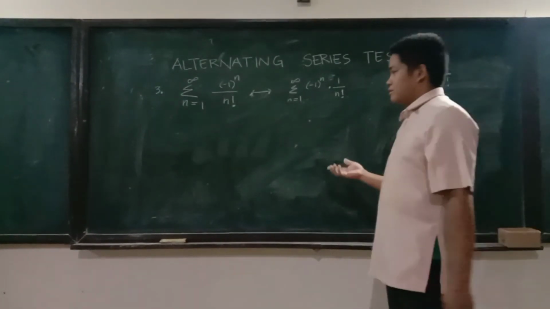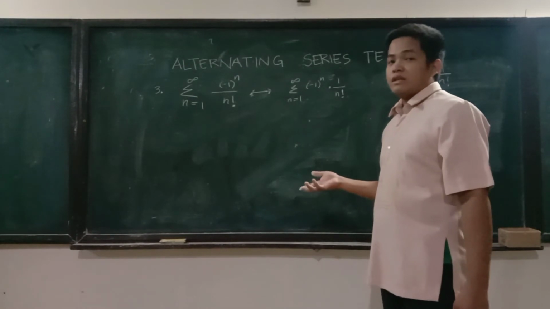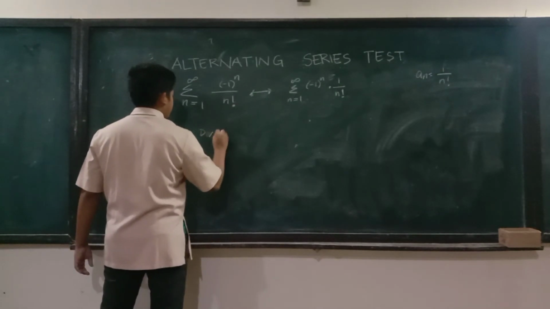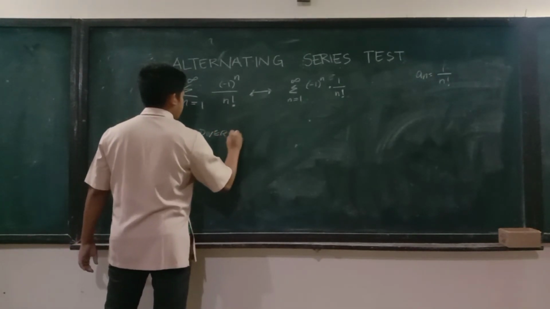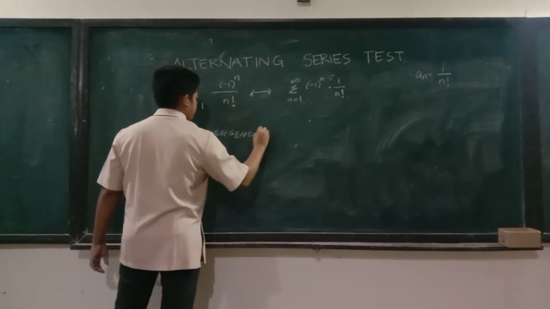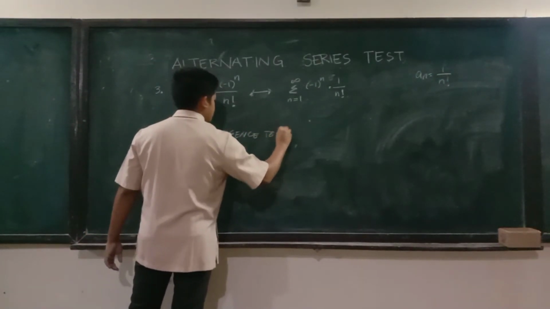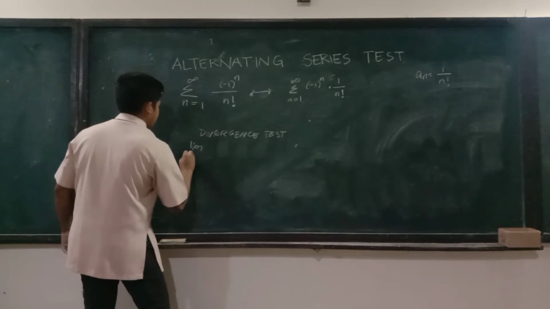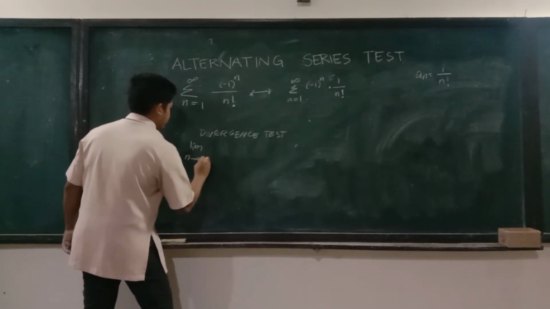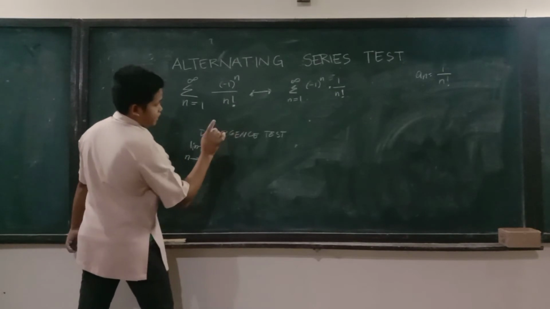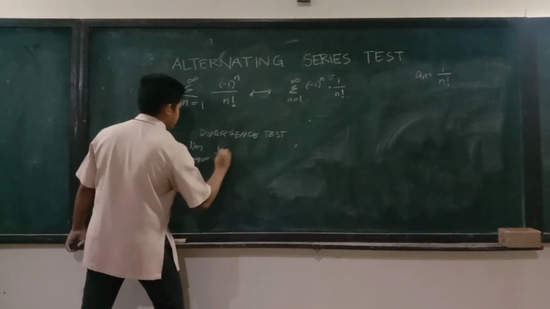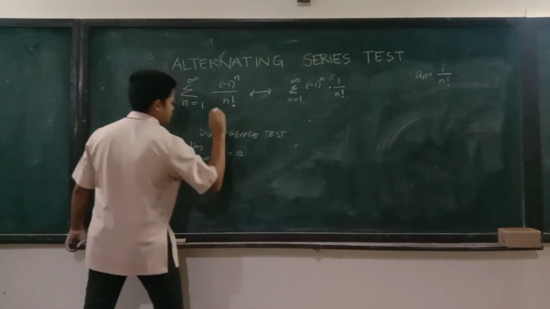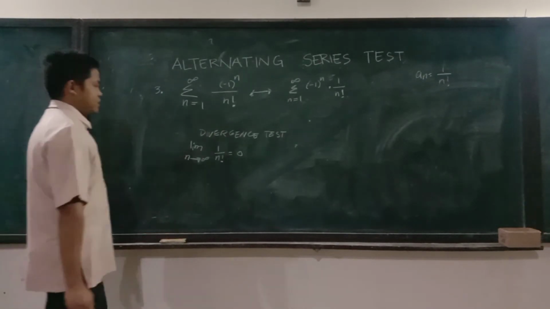Let's identify if it passes the divergence test. The limit as n approaches infinity of our a sub n, which is 1 over n factorial, must be equal to 0. Is it really equal to 0?